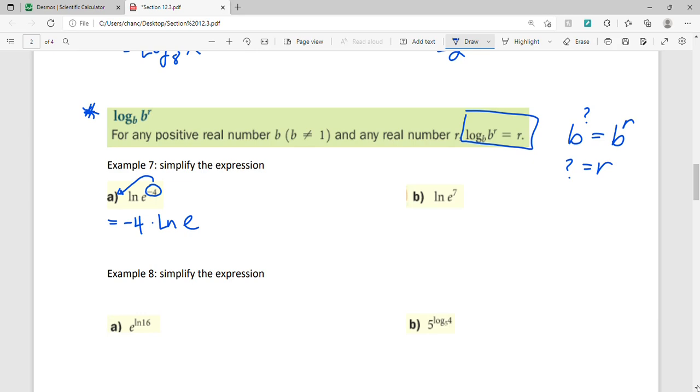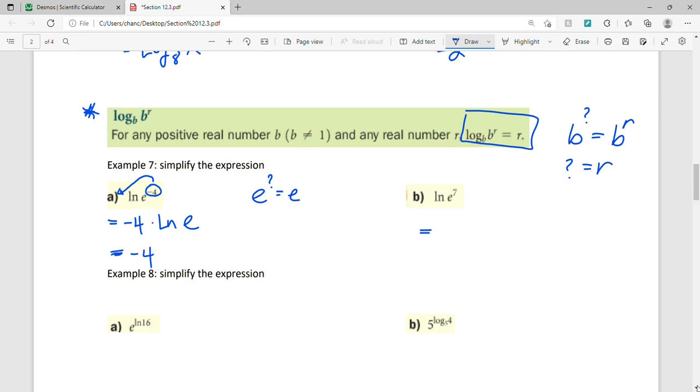And a nice thing about the natural log of e is the base is e. E to what power is equal to e? Well, that's 1. So the natural log of e is equivalent to 1. So this is just negative 4. So our property gives us negative 4 as an answer right away because the base is the same as the base of the argument. But we could also use the power rule to get the same answer.